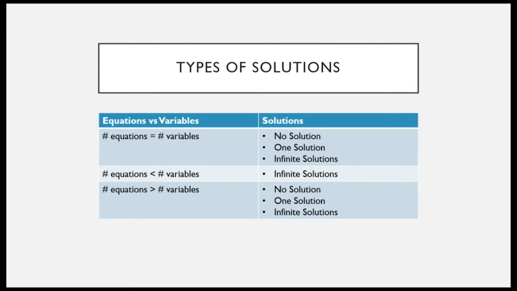The most important thing to note here is the middle case, because in real life, if you have to do anything with systems of equations and you are coming up with your own mathematical models, you want to make sure you have at least the same number of equations as variables, because if you don't, you have infinite solutions.